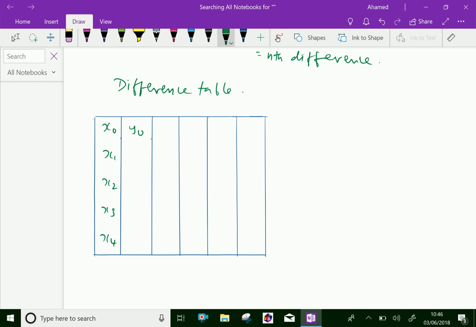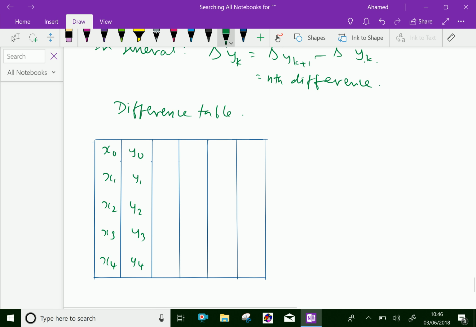Four values are given. Regarding y, we have y1, y2, y3, y4. Totally x and y values are given as a table.